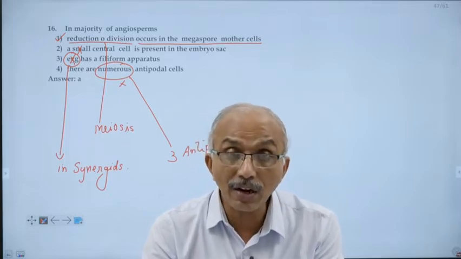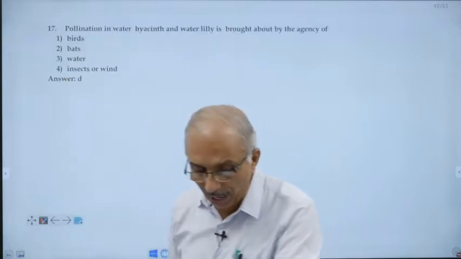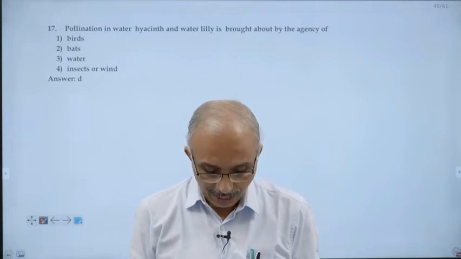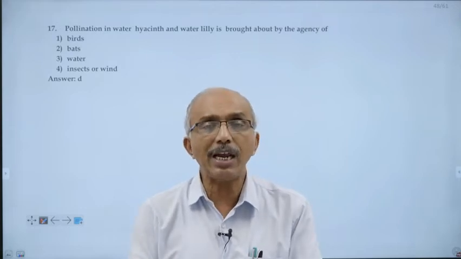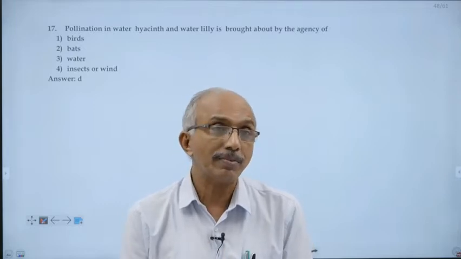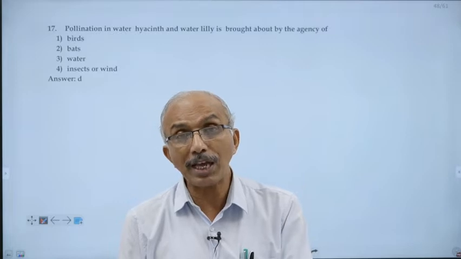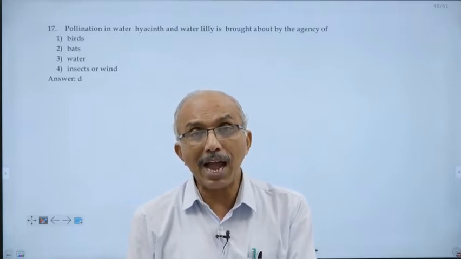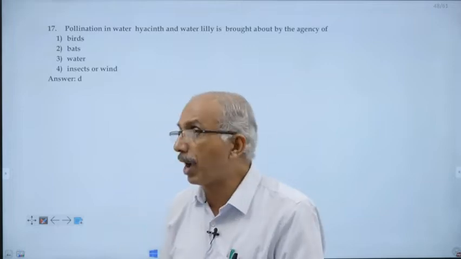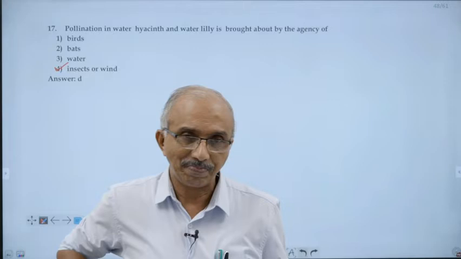Next is an ironical question. Pollination in water hyacinth and water lily is brought about by the agency of what? Both the plants are aquatic. But the irony is that these plants are pollinated by insect or wind.